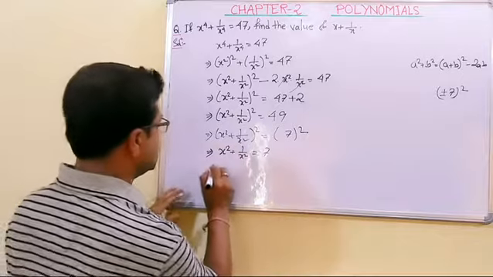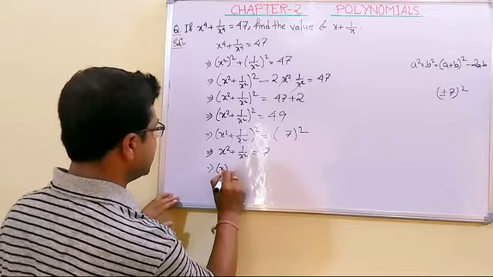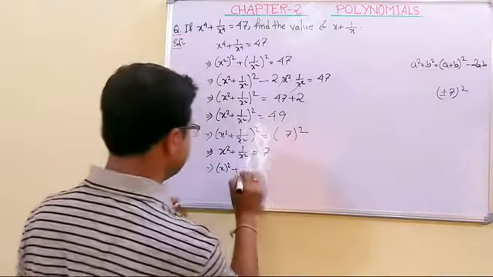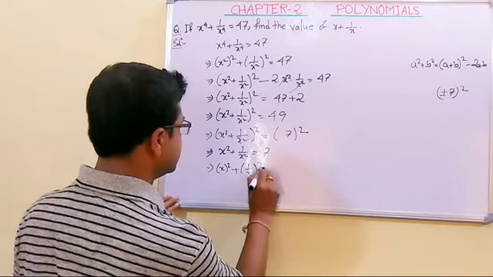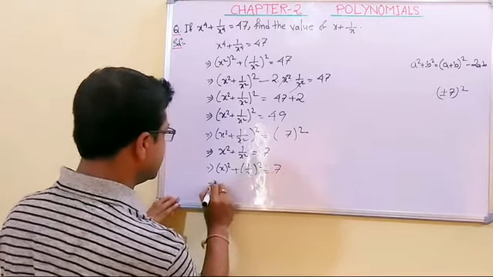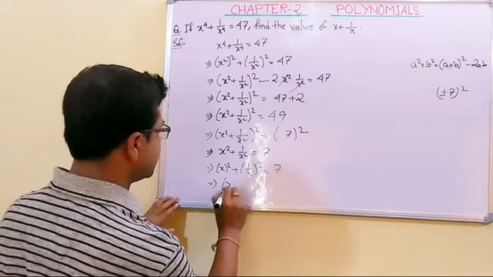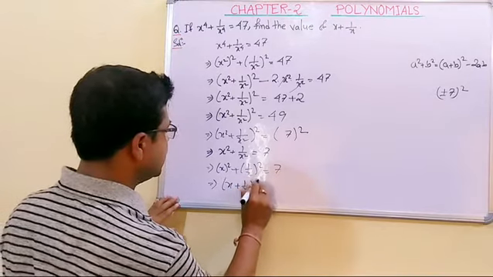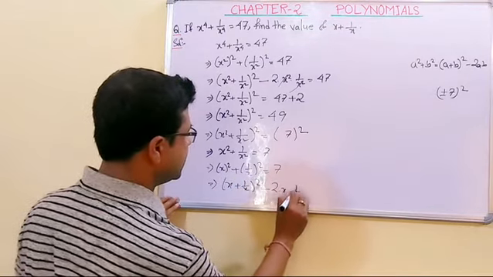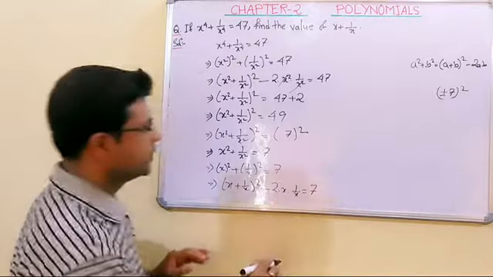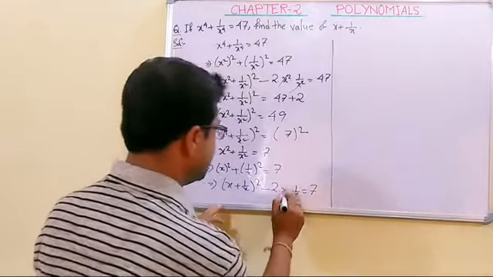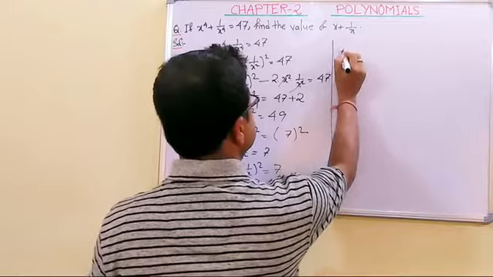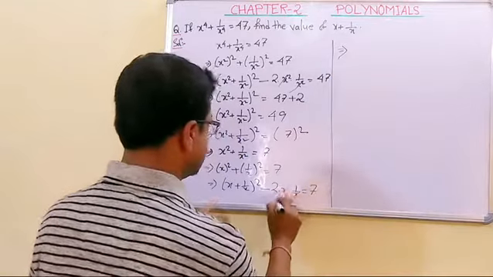So now let us express it in that form only. (x plus 1 by x) whole square minus twice ab equals 7, so here we can cancel.